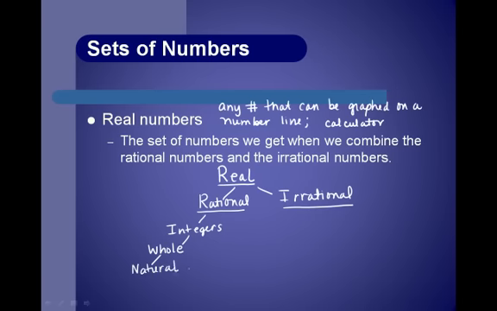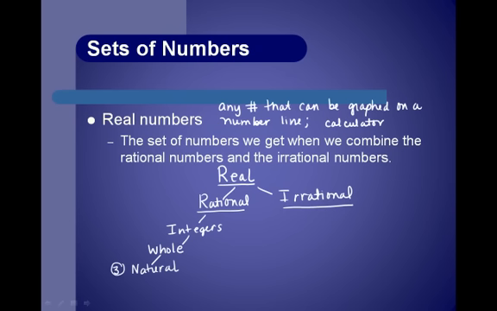So if you can find which set your number belongs to, then it's easy to identify the rest of them. For instance, 3 is a natural number. Well, it is also a whole number and an integer and a rational and a real.